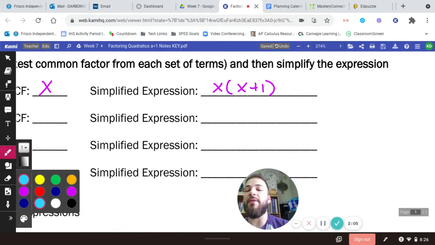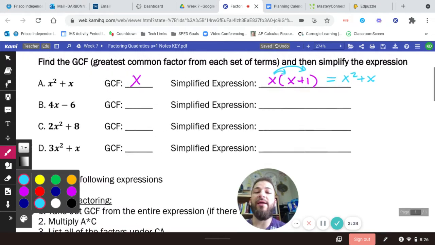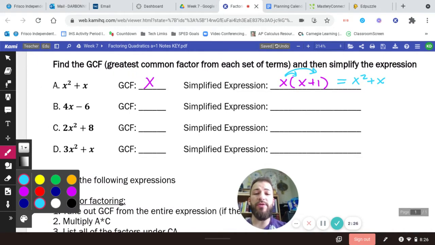So really what you need to think about when you're taking that GCF out is that if I was to go back and re-multiply, x times x is x squared, x times positive 1 is positive x. So if I was to go back and re-multiply it, then I should get the same original equation.